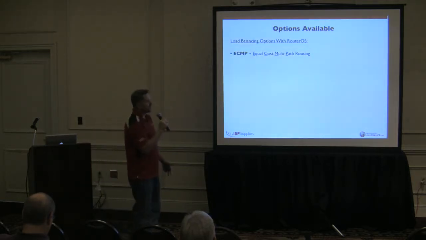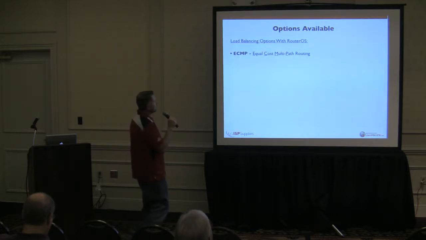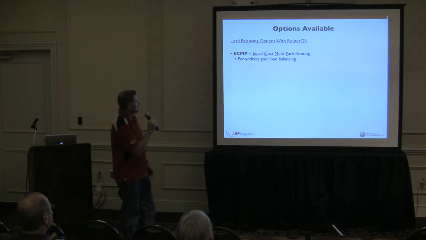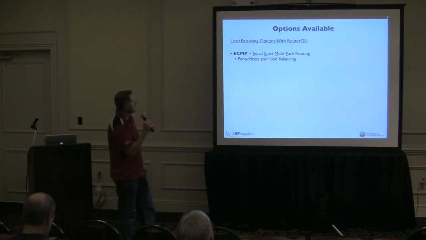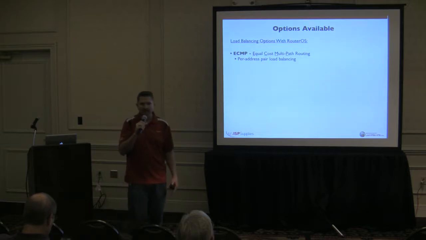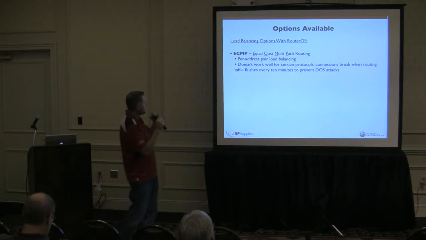So the first group of techniques I would call ECMP, or equal cost multipath routing, which is a per address pair type load balancing. The address pairs we're talking about here are source address and destination address, which every packet has.